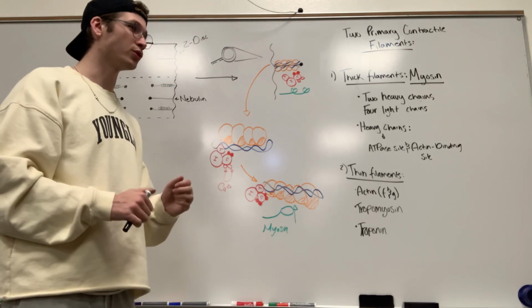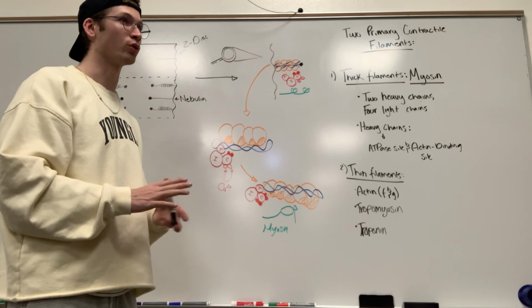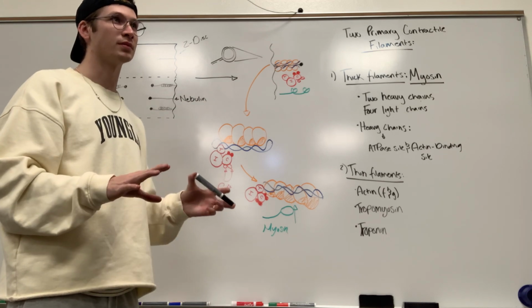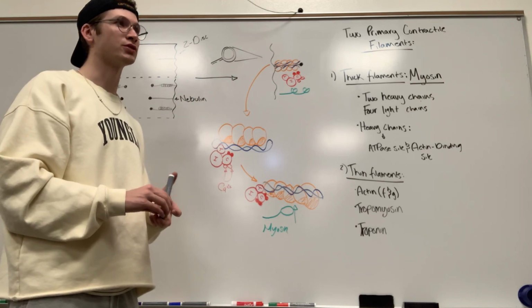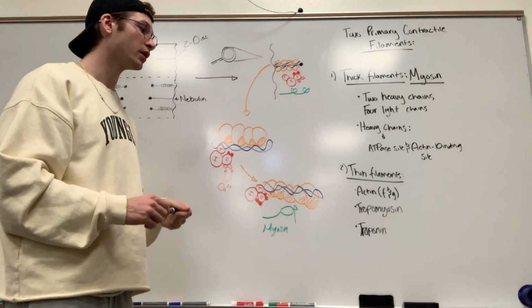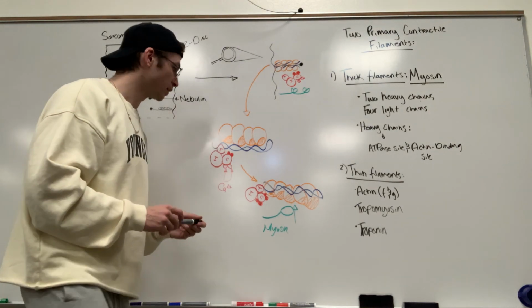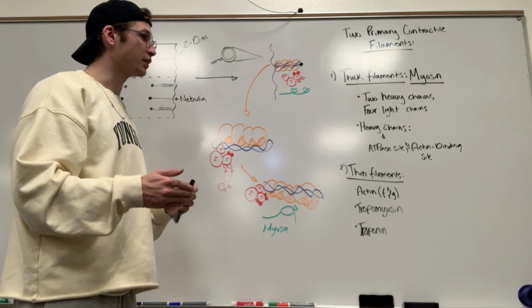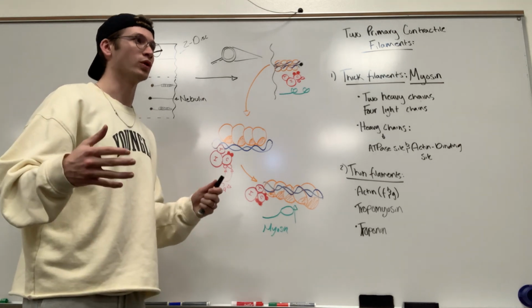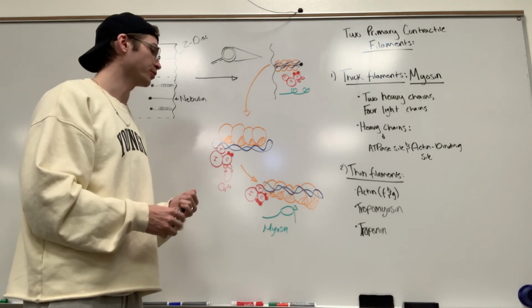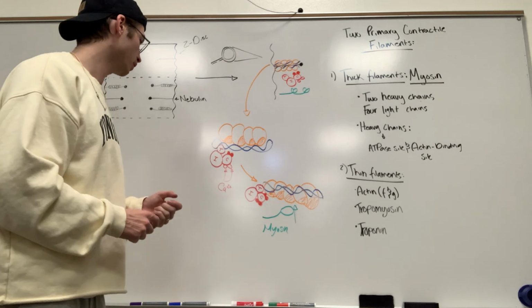Troponin C has four binding sites, or four affinity sites for calcium. Two of them will be low affinity, which don't always have calcium on it. And then our high affinity, hence the name, it will always have calcium because it's drawn to it.